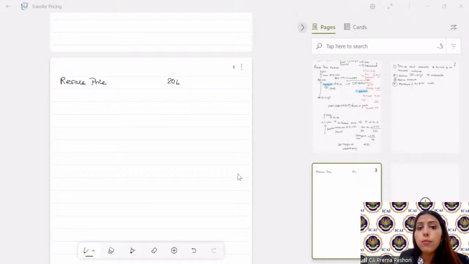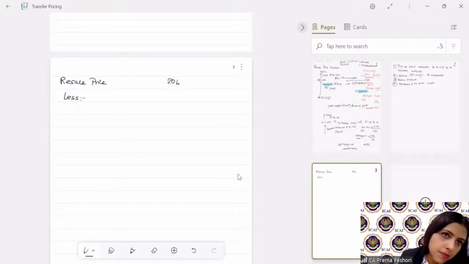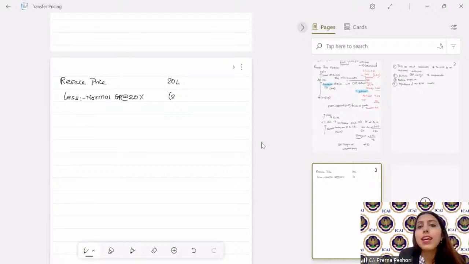What is the normal gross profit margin of Oceania? It is said that it is 20%. So less normal GP at the rate of 20%. 20 lakh, 20% brings us to 4 lakh, isn't it? So reduce rupees 4 lakh.